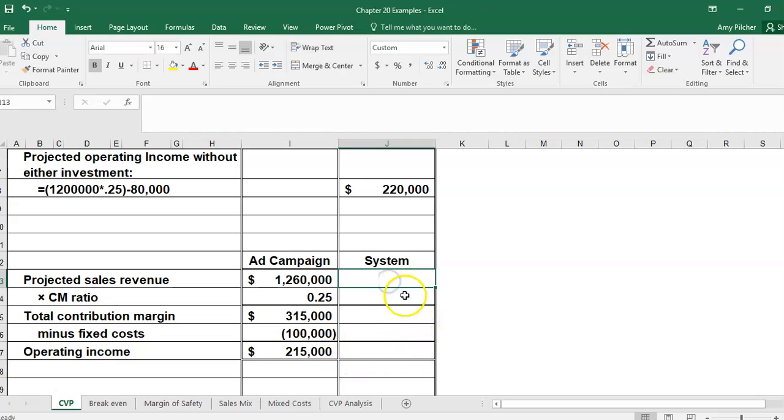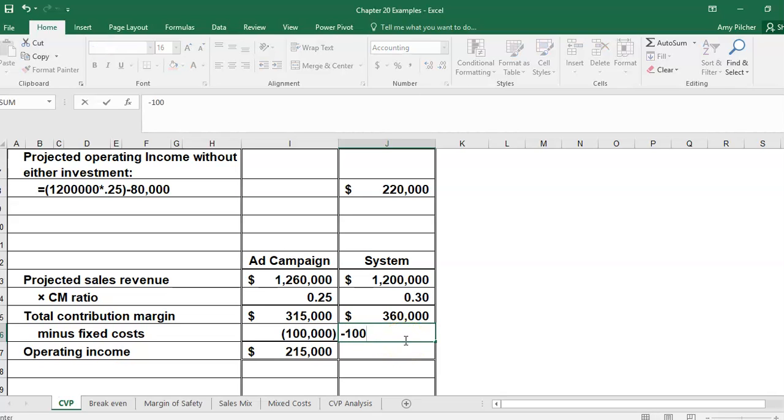Let's look at the computer system. With the computer system, we have the same sales. Our sales aren't going to change at all, but our contribution margin is going to increase from 25% to 30%. So we take sales times our contribution margin ratio, we get 360,000.